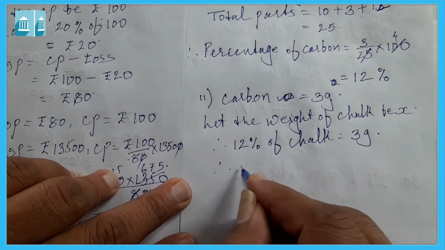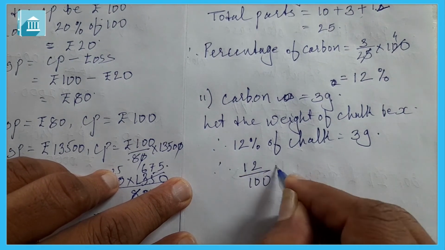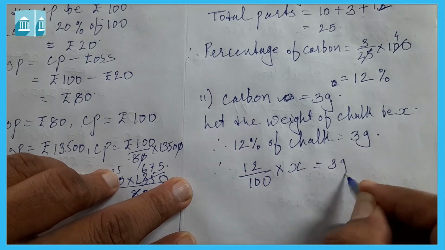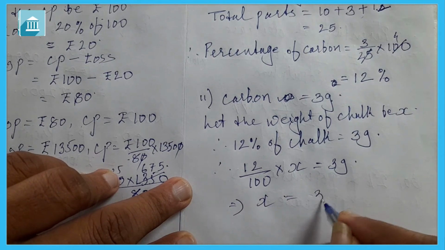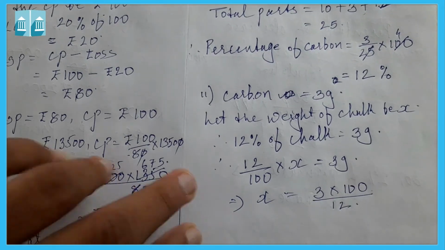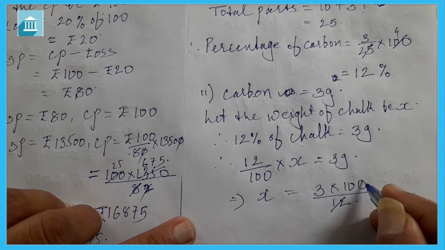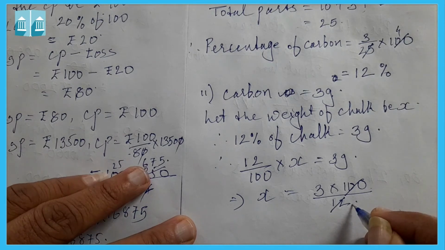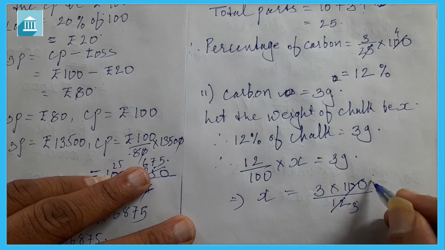Therefore 12% of chalk, which we had taken as X, is equal to 3 gram. When we simplify it, it is 3 into 100 upon 12. So the 3 and 3 cut, and here it will be 25.